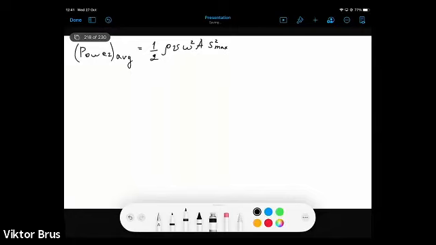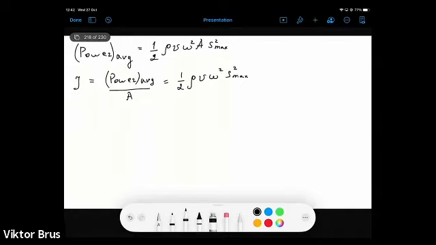So if we consider intensity, which is power per unit area, we need to divide this average power by area, and that will give us 1/2 rho times V times omega square times S maximum square.